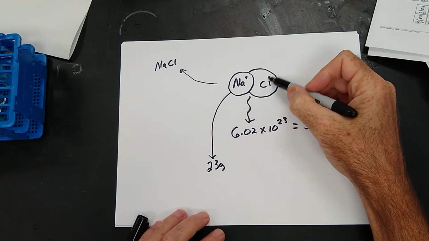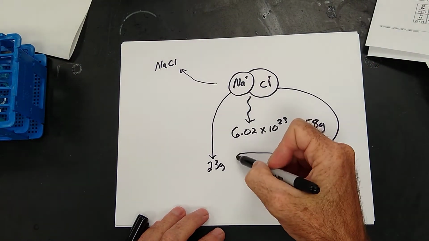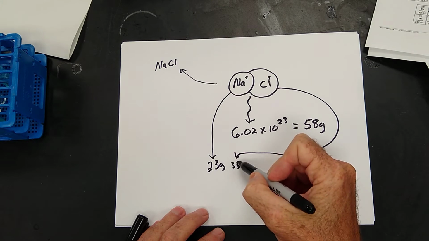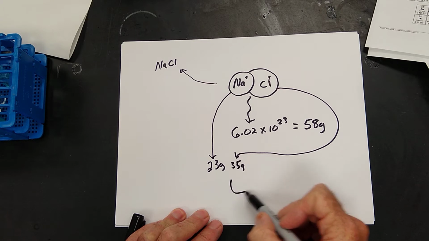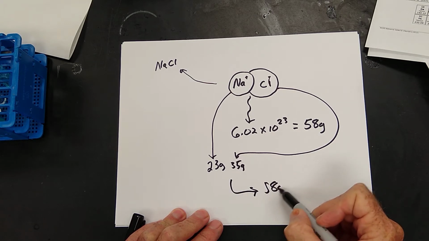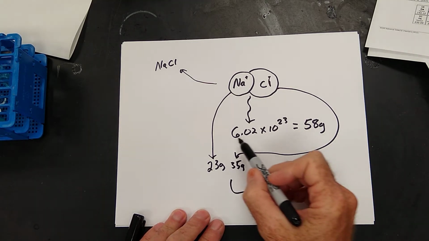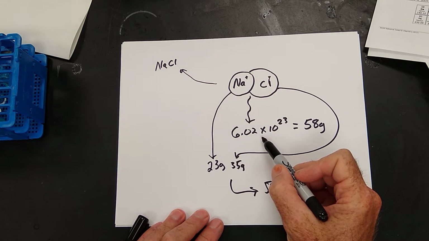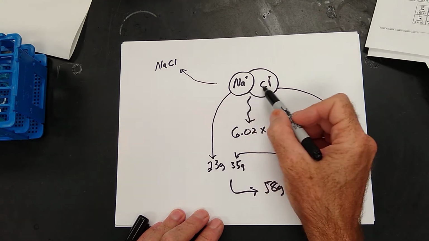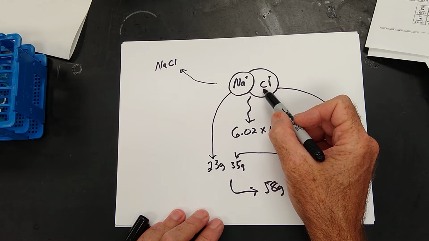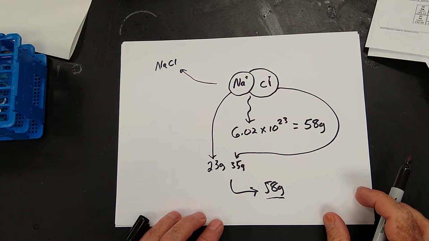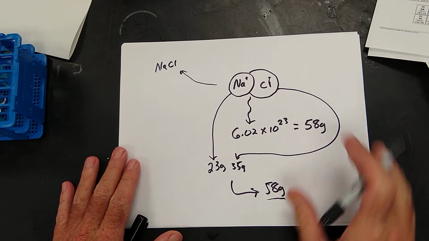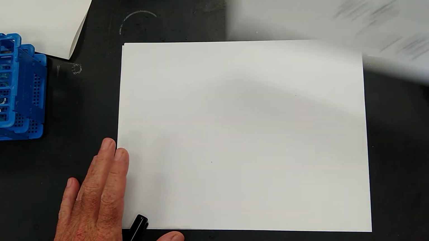So I'm just going to call that 35 grams. 23 grams plus 35 grams is 58 grams. If you had 6.02 times 10 to the 23rd sodium chloride compounds, they would weigh 58 grams. We know this. Let's talk about how much other molecules would weigh.